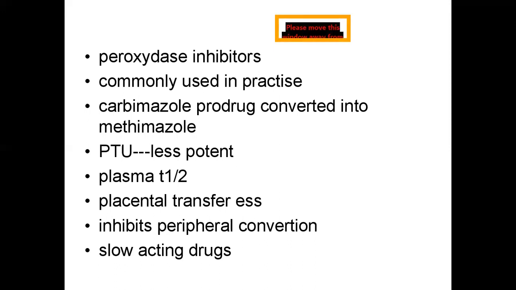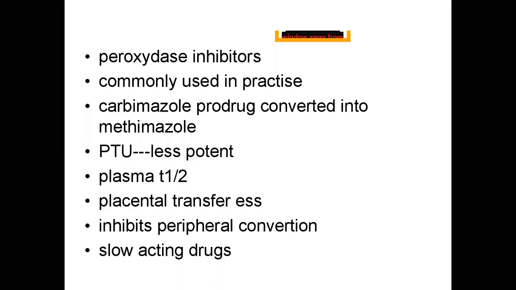These peroxidase inhibitors are slow acting because once administered to the patient, it will take 2 weeks to show their effect, because they inhibit new hormone synthesis. The preformed hormone is all there, and these drugs will not affect the preformed hormone.